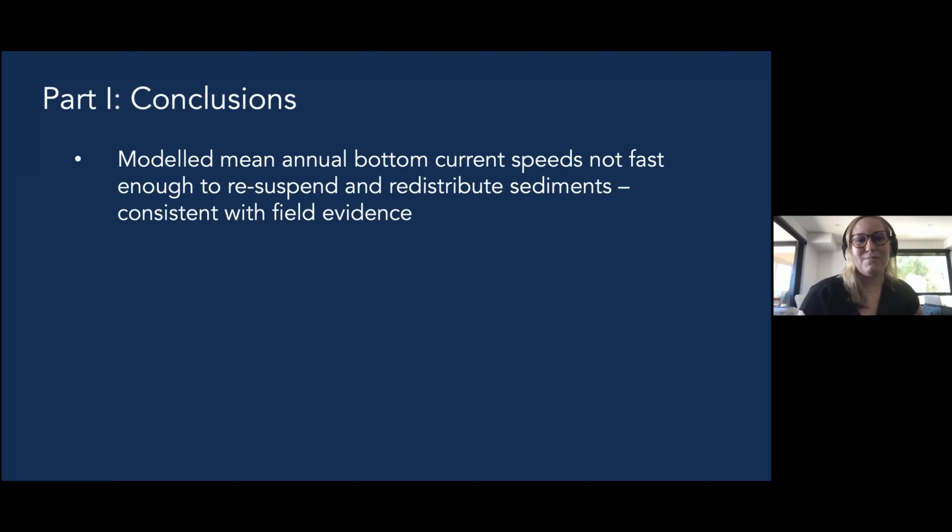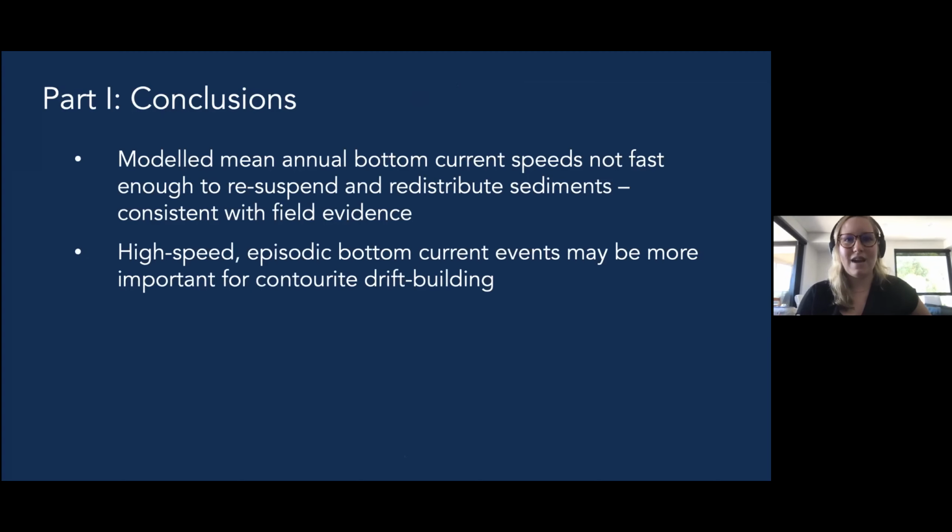Okay, so just going over some of my conclusions for part 1. We found that the modeled mean annual bottom current speeds weren't fast enough to continuously resuspend and redistribute sediments throughout the year, and this is consistent with what's been reported in the field as well. We instead found that these high speed intra-annual episodic current events may be more important for building Contourite drifts.